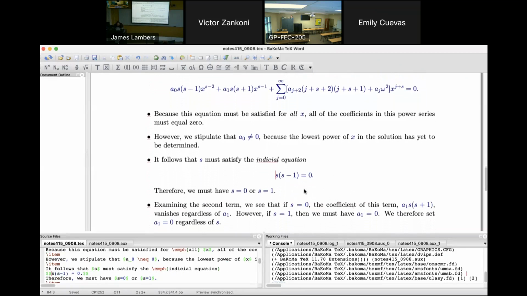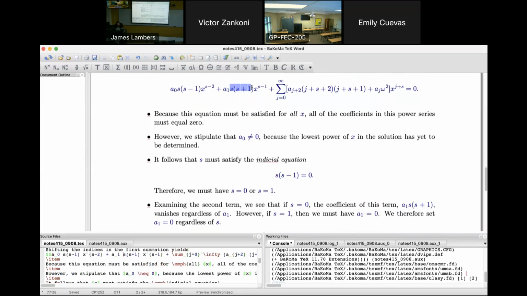Let's briefly examine these two possibilities. When we go to the second term, suppose that s equals 0. If we choose that, then this is going to be 0, so this second term will be 0 no matter what. a1 can be chosen to be anything.